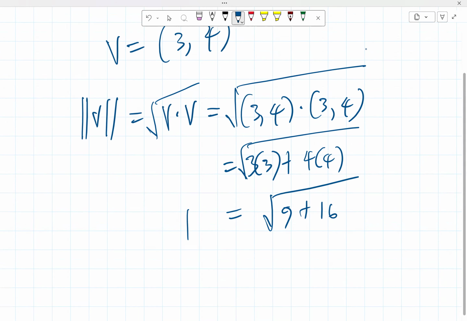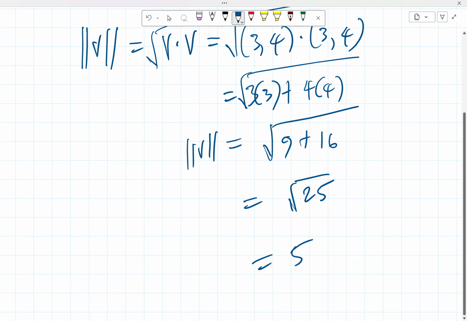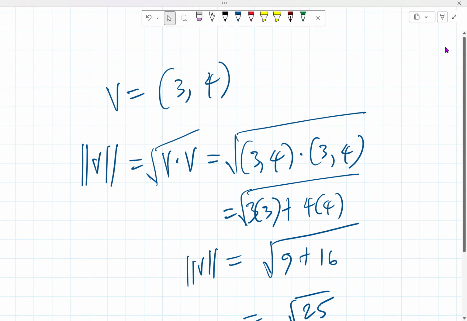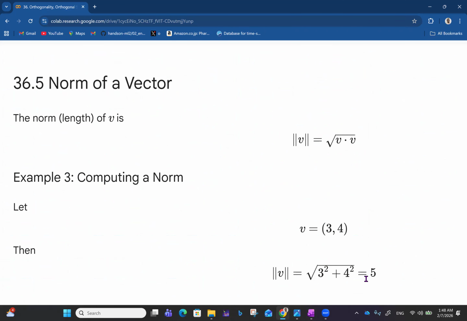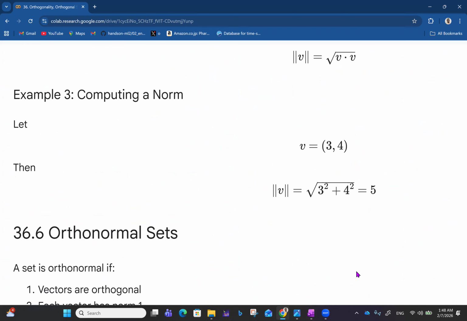So the norm of v is the square root of 25, which is equal to 5. The norm of the vector (3, 4) is 5.